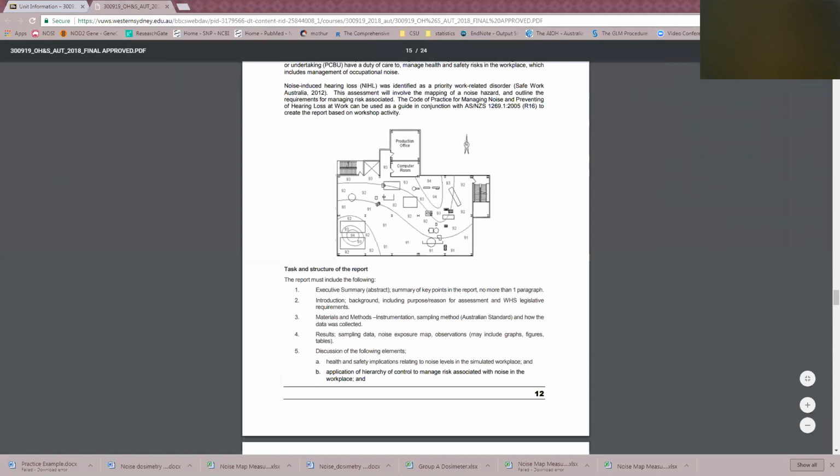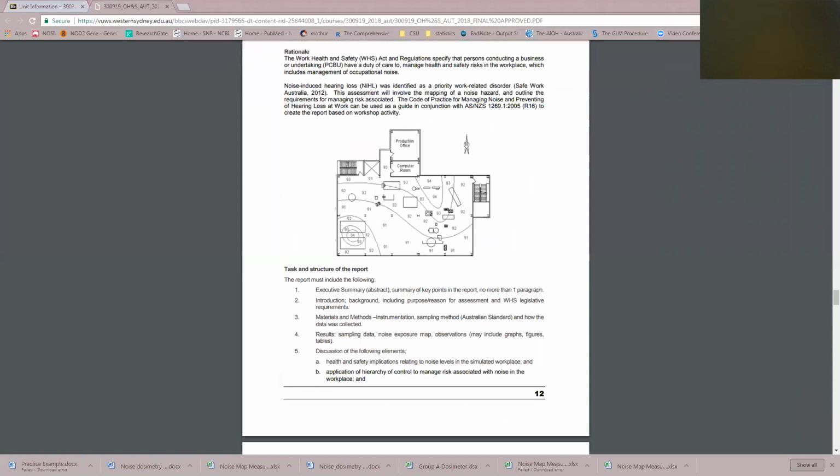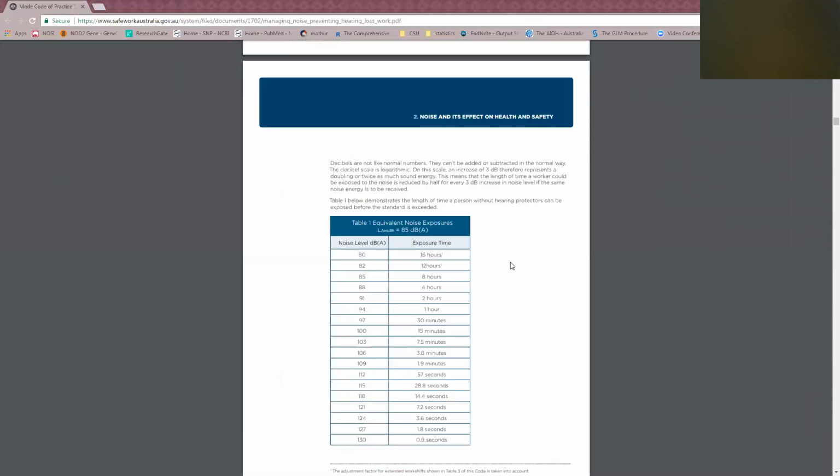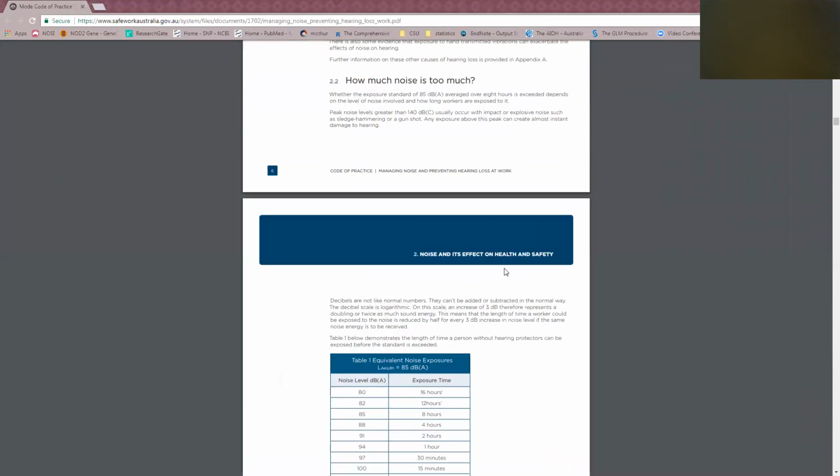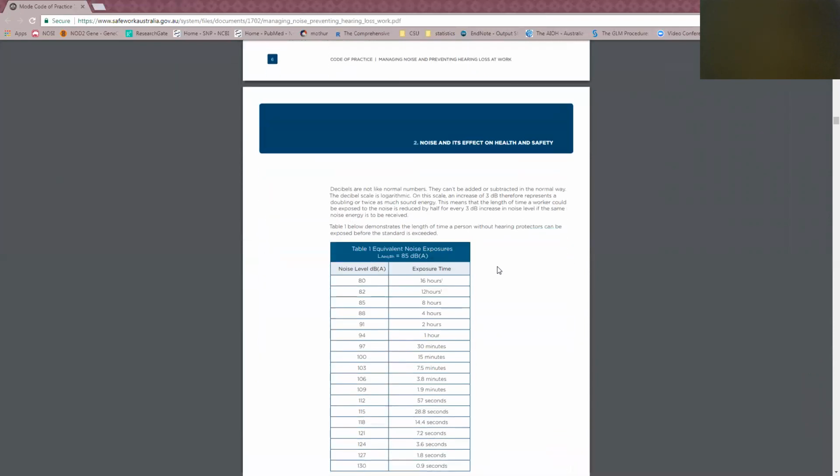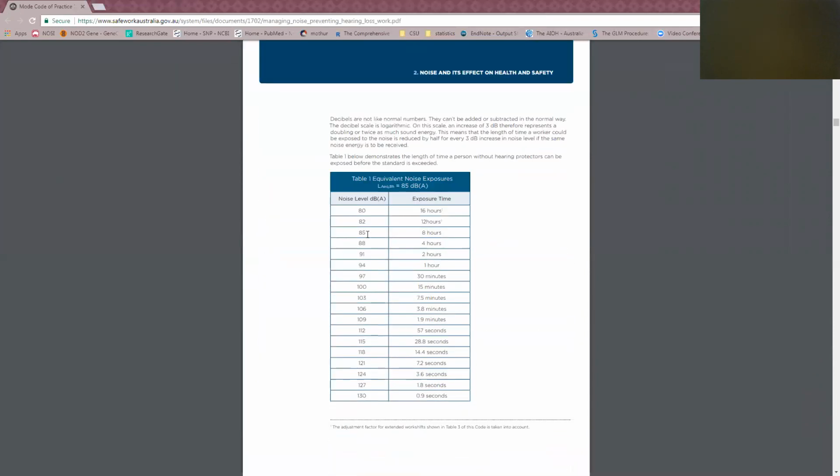Legislative requirements. When you're discussing the legislation and looking at your exposures, you might also want to come over to the Code of Practice. This is what we were discussing before. Here's the standard, 85 dBA dosage over an 8-hour day. If you go to 82 dBA, you're increasing; we drop by 3, you increase by 12.